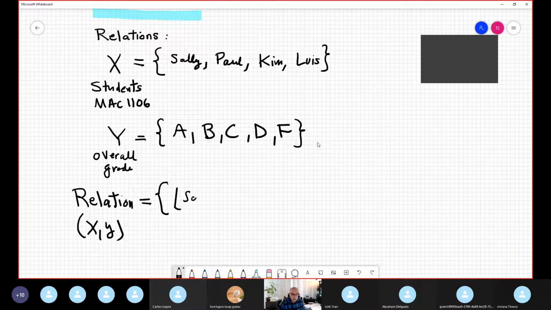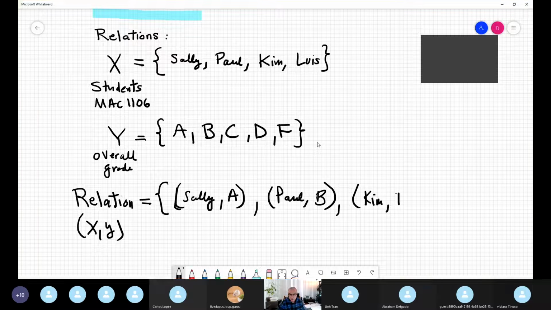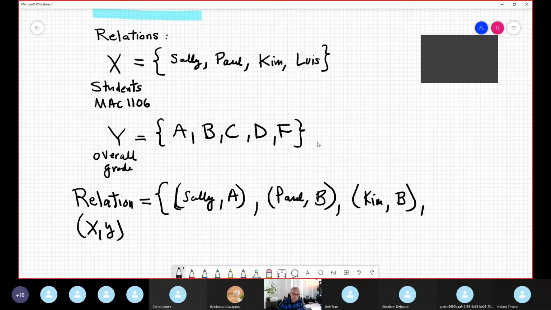Sally, A. This is the grade associated with Sally. Paul gets B. Kim gets B also. Luis gets A. So the relation is the collection of the different ordered pairs.